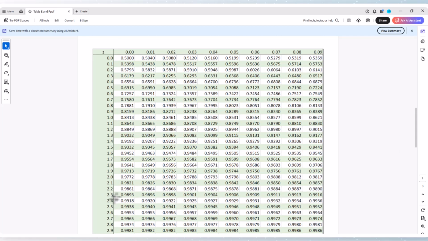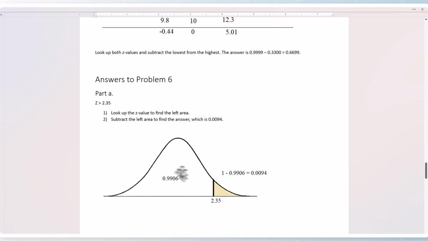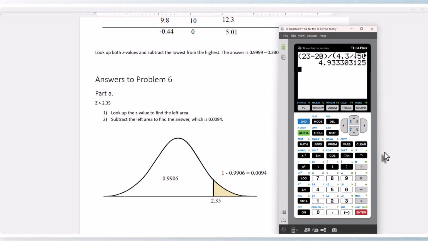So here's 2.3, and then 5 is 0.9906. Whenever we look up the area, it's always to the left. We want the area to the right, so it's 1 minus 0.9906, 0.0094.